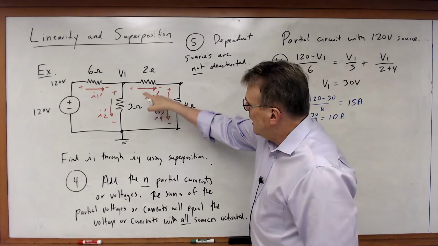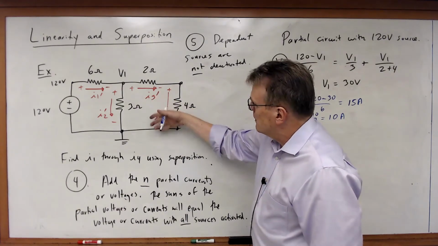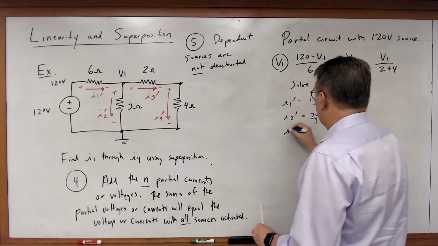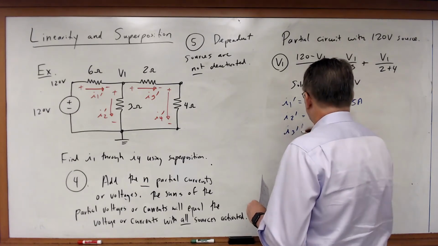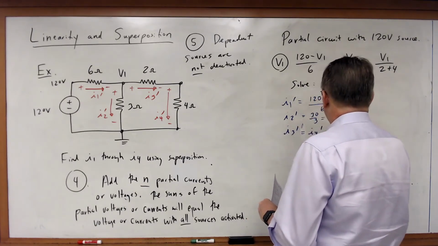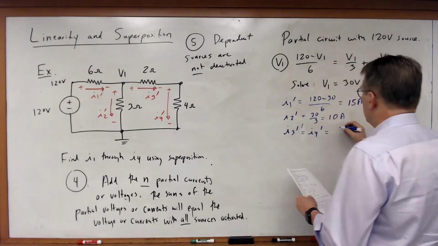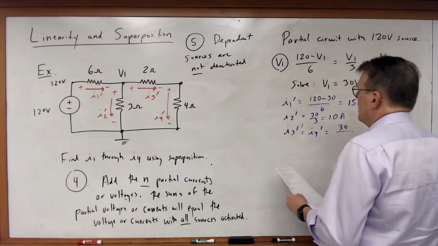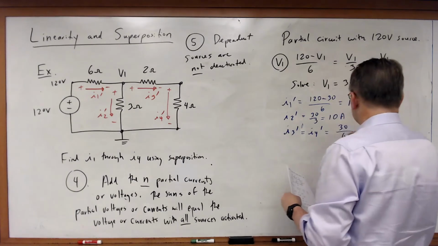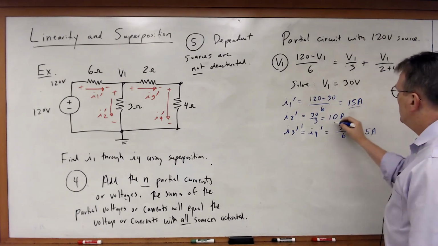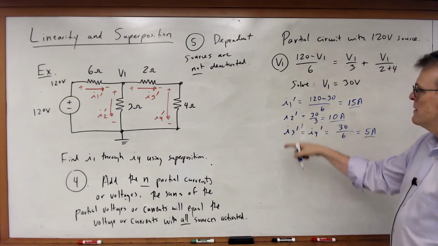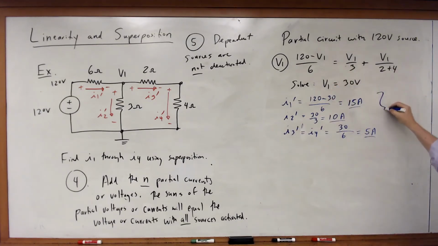And I3 and I4 in this partial circuit are clearly just the same current. So I3 and I4 are both going to be equal to 30 over 2 plus 4, 6, which is equal to 5 amps. So here are my partial currents due to the 120 volt source.